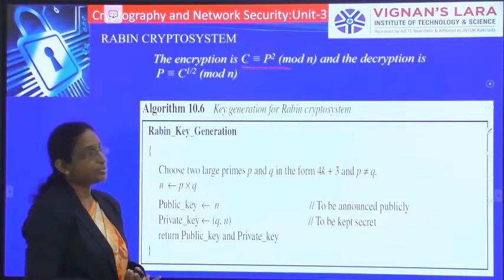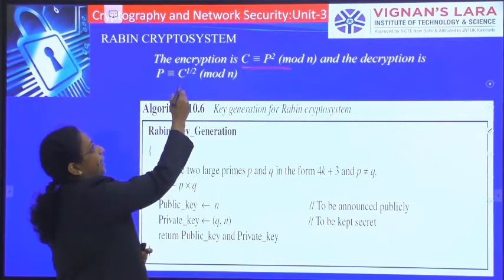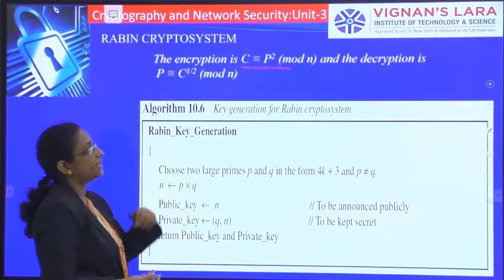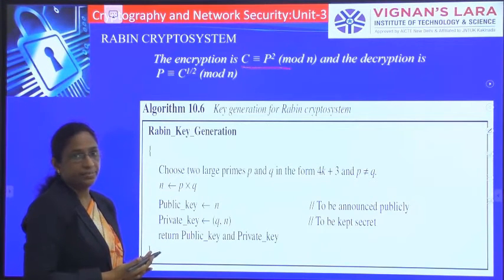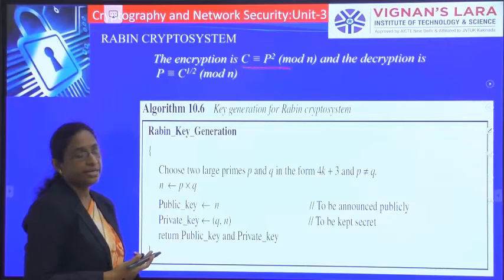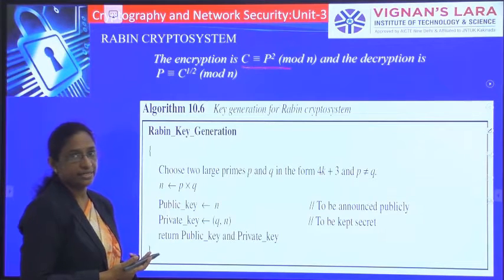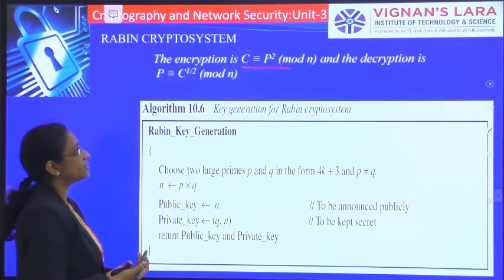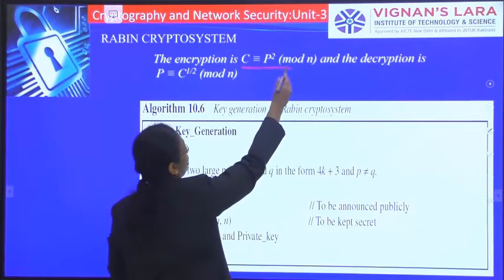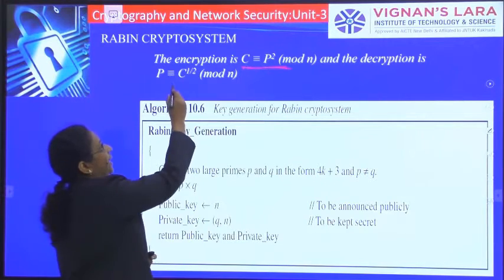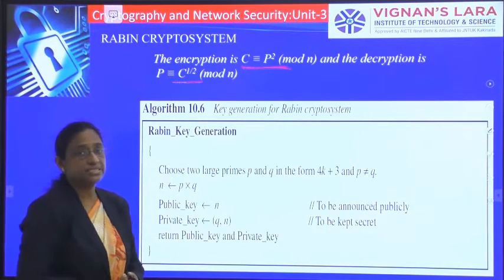The decryption is done by taking the square root of the ciphertext. Since the encryption is done by squaring the plain text, the decryption is done by taking the square root of the ciphertext.